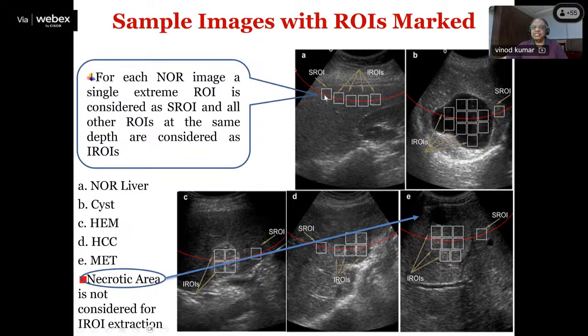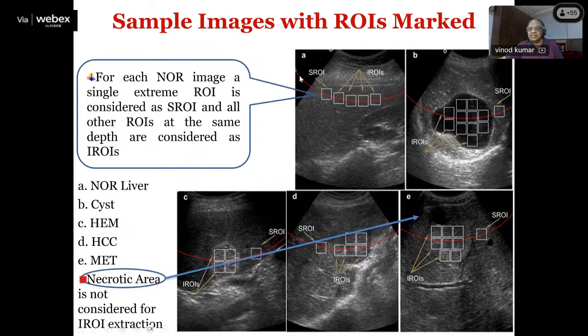Here a precaution is to be taken that all these ROIs should be at equal distance. See, when the probe is here, depending upon the distance of this ROI with respect to this ROI, the level of echo intensity will change. So all SROIs and IROIs are to be taken at the same distance.